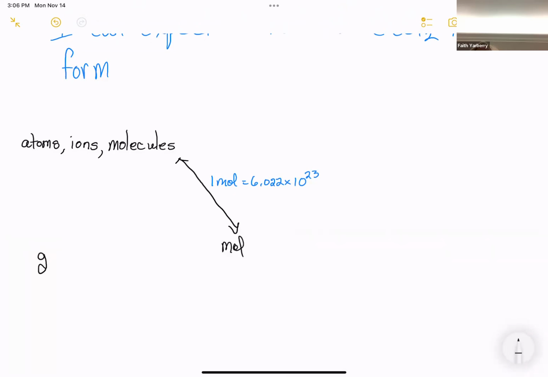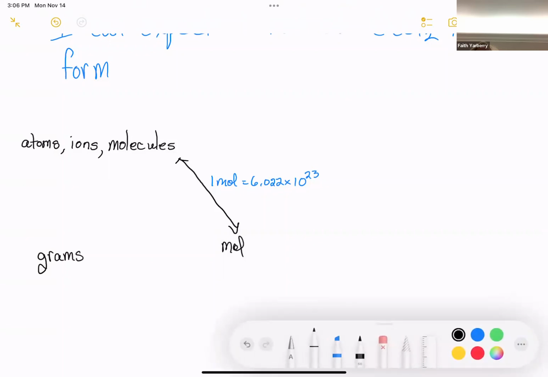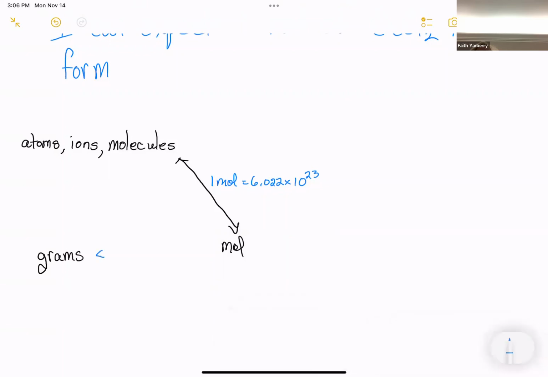If you saw grams, that was your cue that you would be using the molar mass to convert that substance into moles.